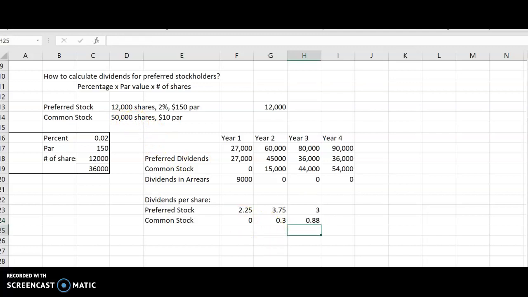So that would be 88 cents. Okay, year 4 is 36,000 divided by 12,000. And for common stock, 54,000 divided by 50,000.